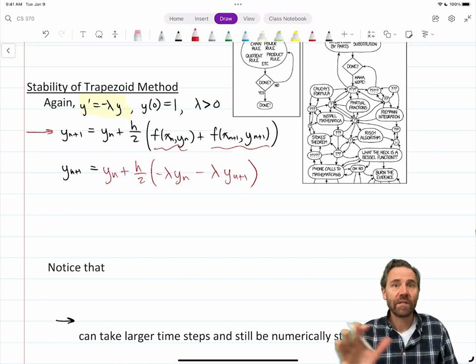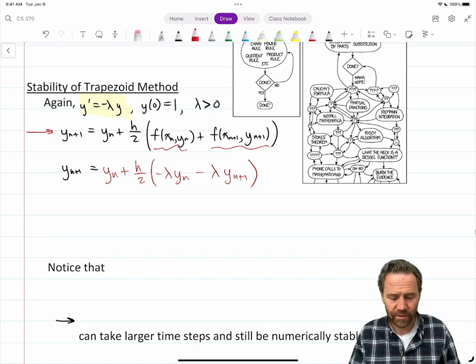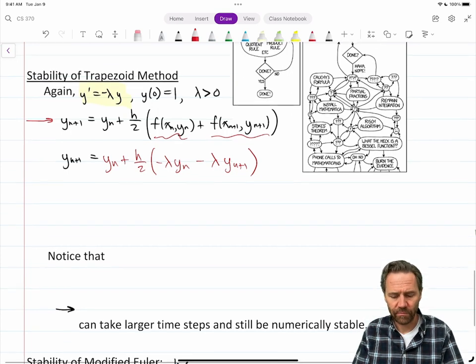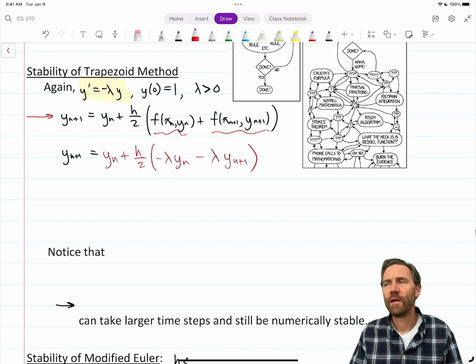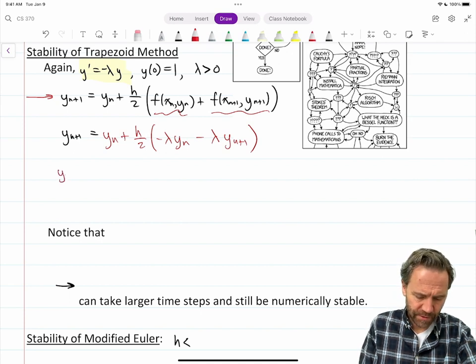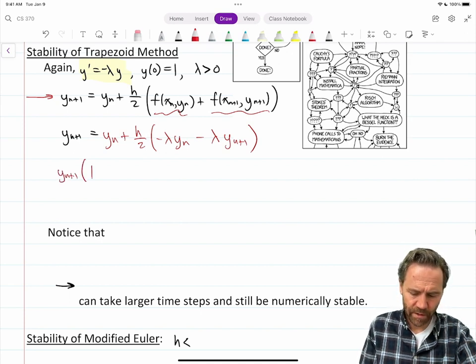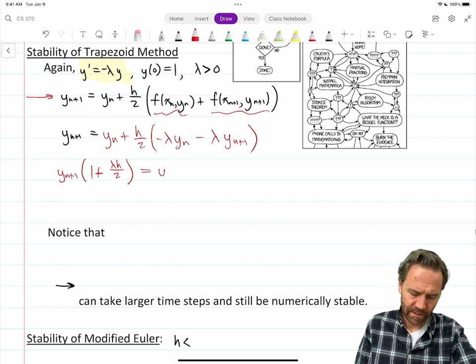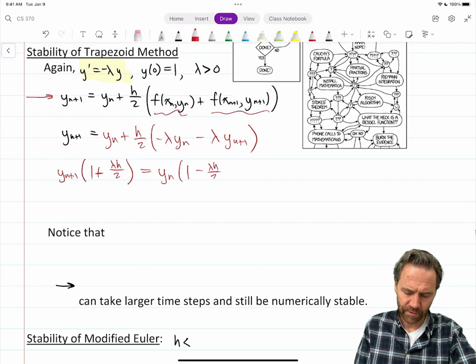Now we solve this for y sub n plus 1. This is an example of a version of f that makes it easy to solve for y sub n plus 1. It's implicit, but it's easy to solve. So on this side, we'll have y sub n plus 1 times 1 plus lambda h over 2, which equals y sub n times 1 minus lambda h over 2.